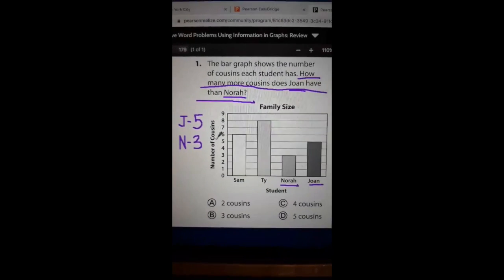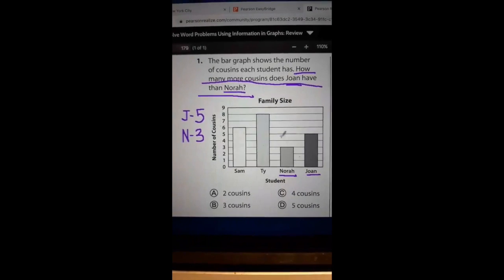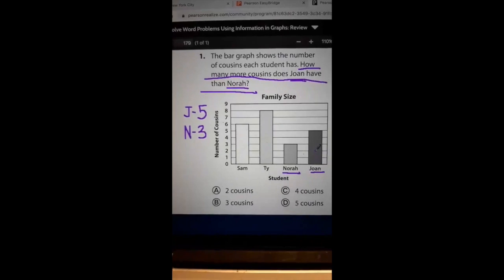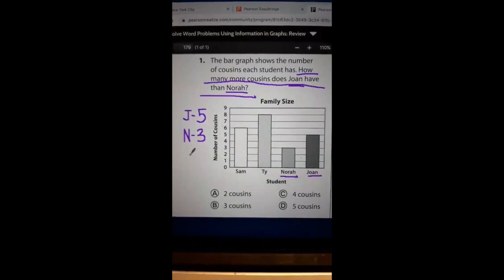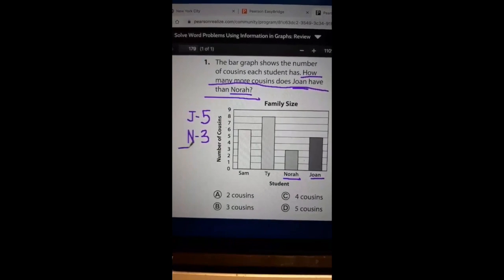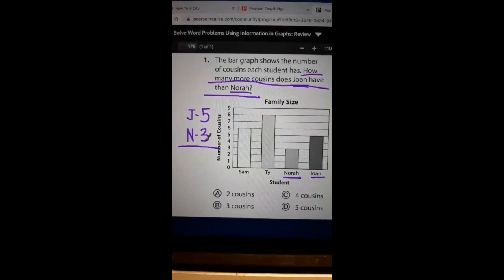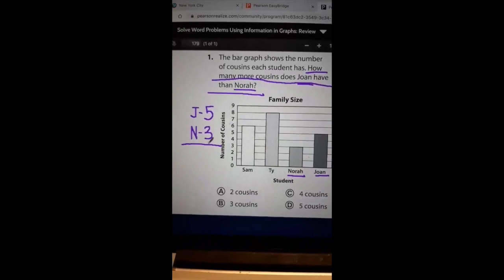By it asking the question, how many more, that means we need to find the difference between the number of cousins that Joanne has and the number of cousins that Nora has. So when we're finding the difference, we actually have to subtract 3 from 5.